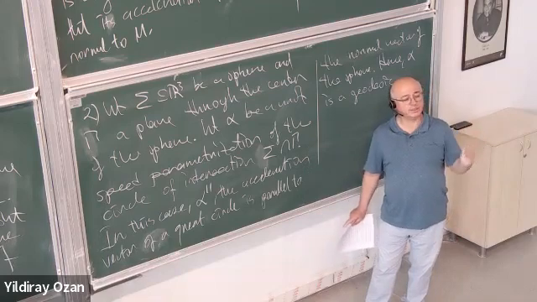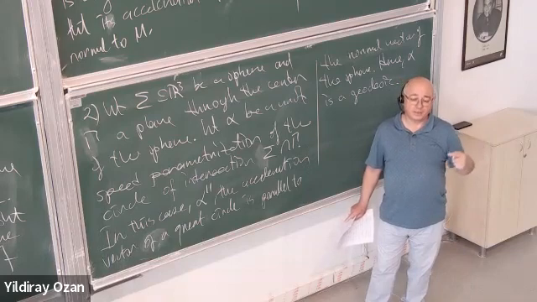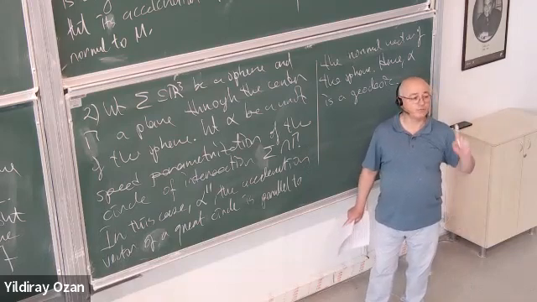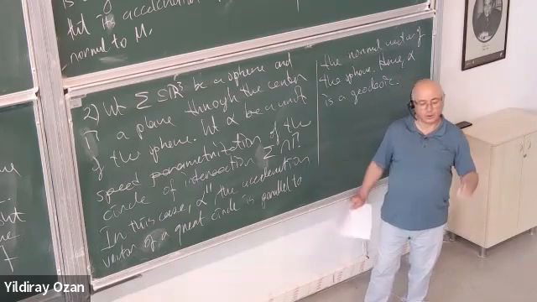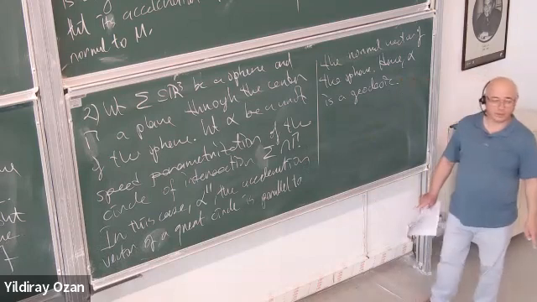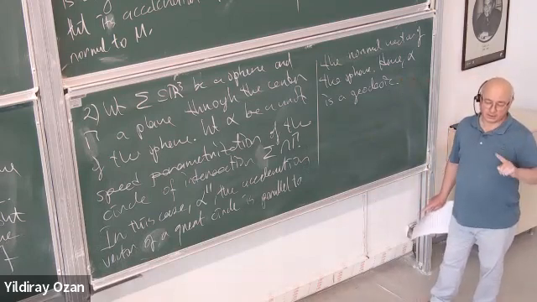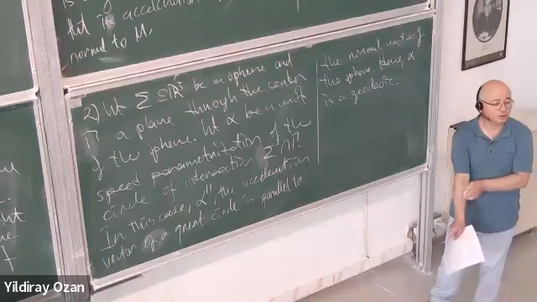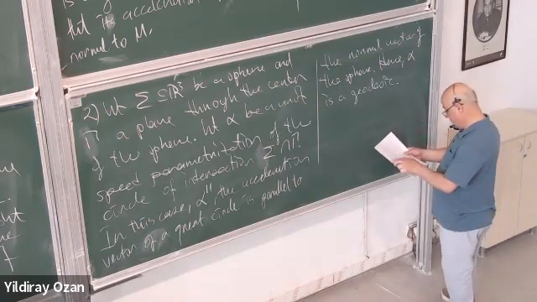Therefore, the acceleration vector of the circle is parallel to the normal vector of the sphere. But this means exactly that alpha is a geodesic, because geodesics are the curves whose second derivative or acceleration vectors are perpendicular to the surface, right? Okay.